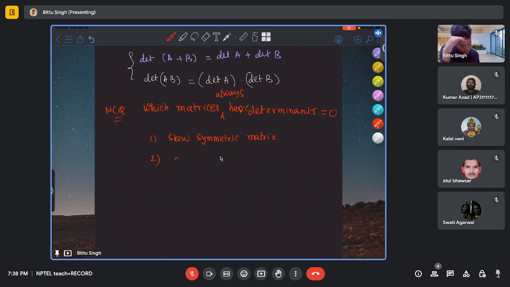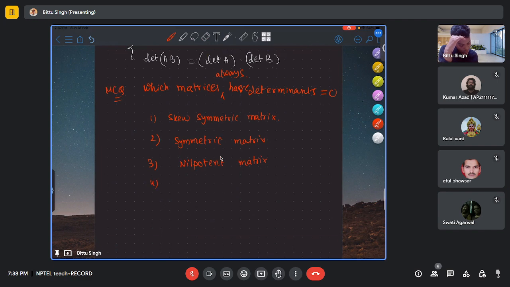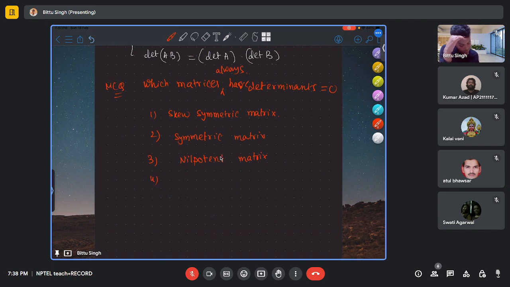Another is symmetric matrix, nilpotent matrix, and there are two different classes.